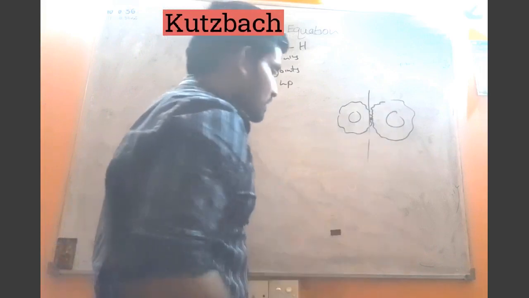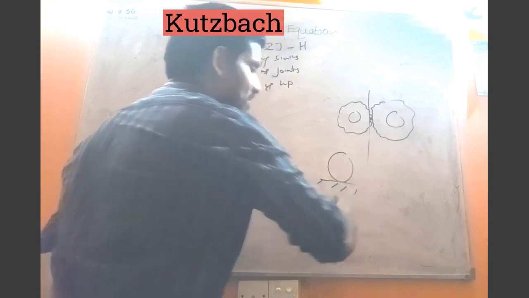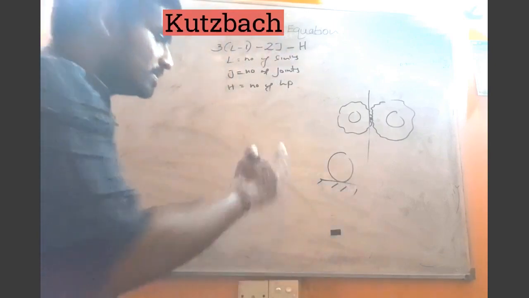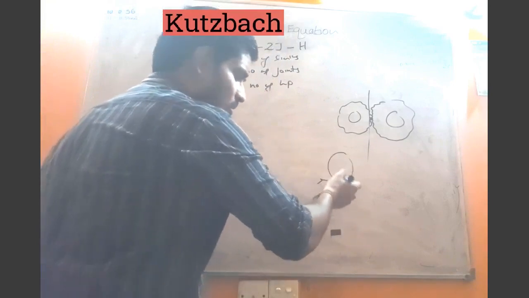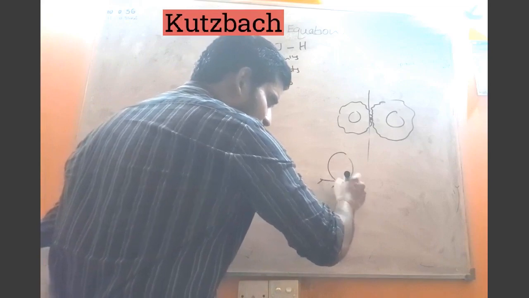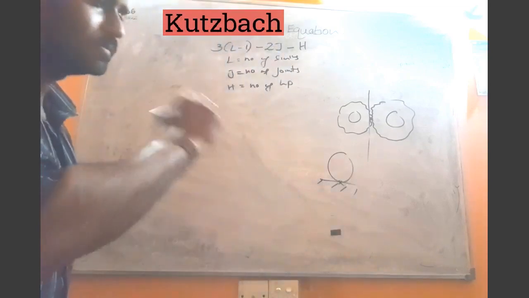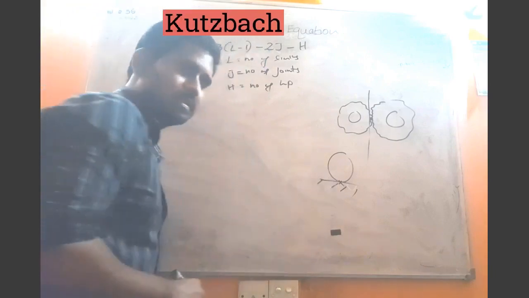Another example is the tire and the road. If I consider the tire and the road, you can observe that there we have a certain point of contact at one particular time.